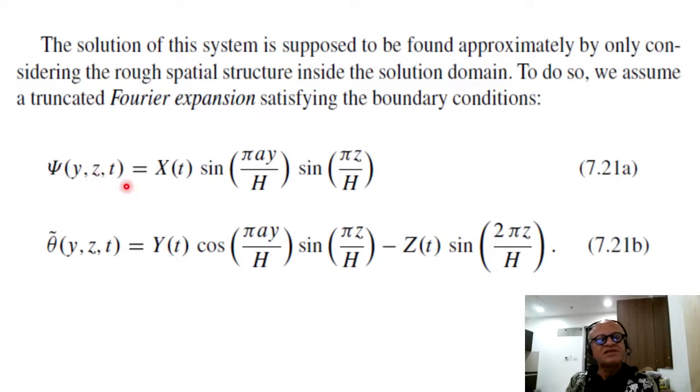The stream function ψ(y,z,t) is some time function times the meridional structure and vertical structure functions as Fourier expansions, and the perturbation temperature is given by another time function times cosine of the meridional structure and minus a vertical structure function as well in time.